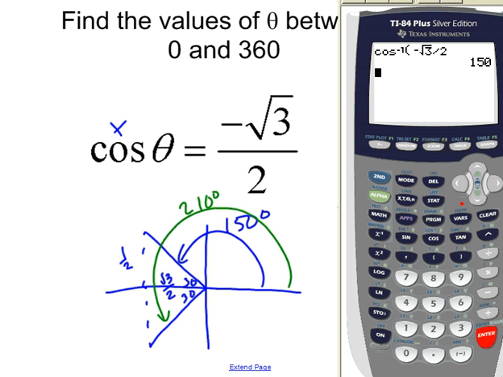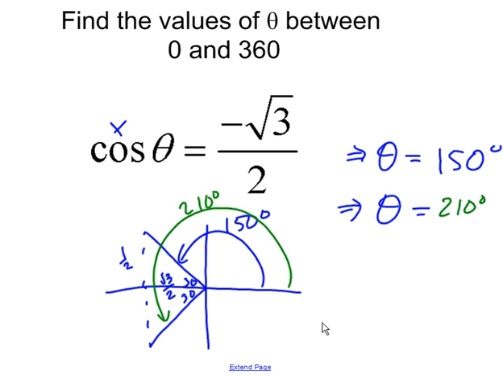But there's no way we can make our calculator come up with our second answer. So we have to be smart and remember which quadrant cosine is negative in, pay attention to the reference angle, put that reference angle in both quadrants, and then find the actual angles in those quadrants.